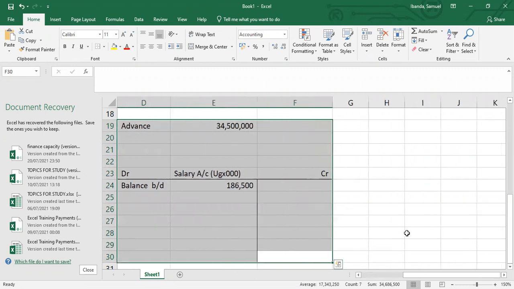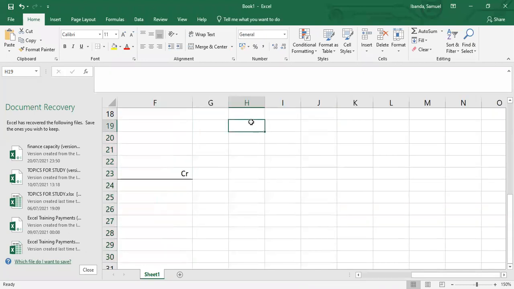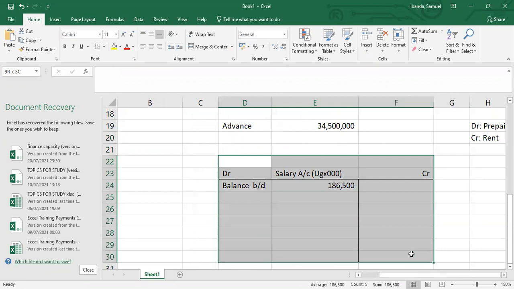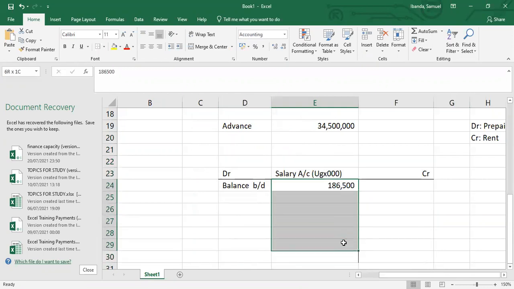Now, after we make the adjustment, we shall debit our prepaid rent and we shall credit our rent account. Reason why we credit, remember, this is the amount that we have on the debit side, what we have as our salary.